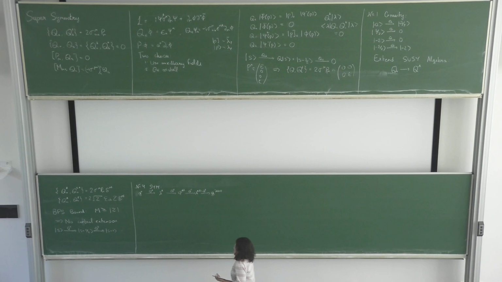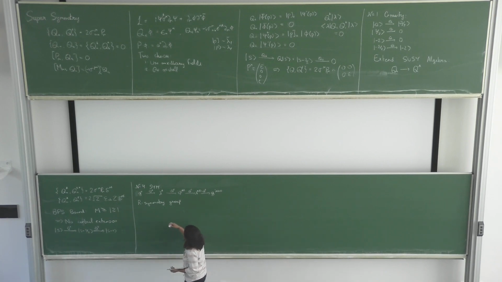So there is a symmetry group, the R symmetry group. And basically, this group only acts on the supercharges. It doesn't act on anything else. Doesn't act on P, doesn't act on M, nothing else, just Q.